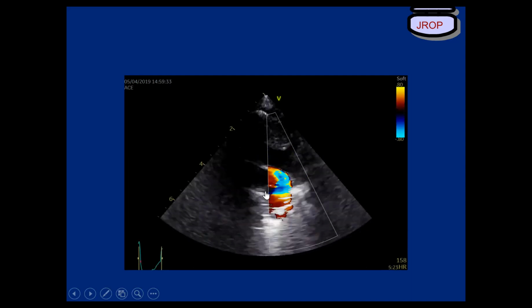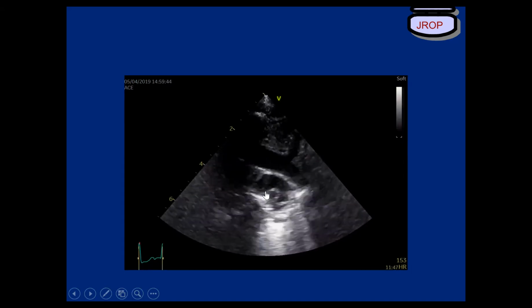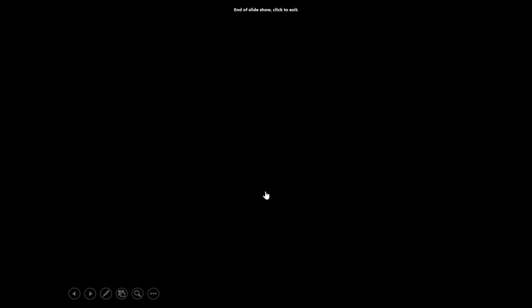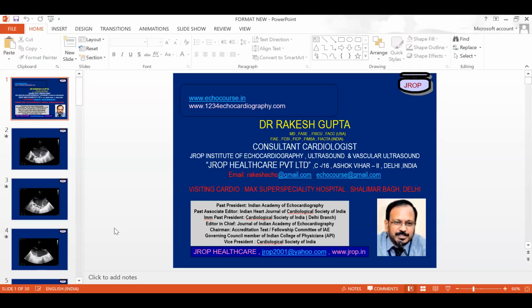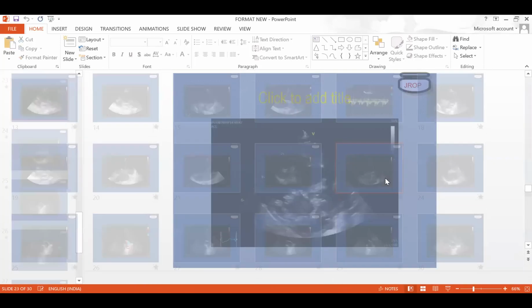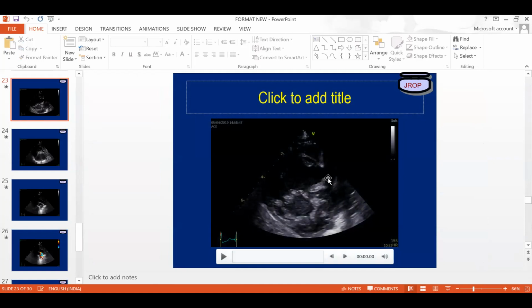Now this is PDA. So that's how we look at these vessels when we talk of transposition of great vessels. Both the vessels will start arising apparently from the same area, and one will bifurcate, the other will not bifurcate.